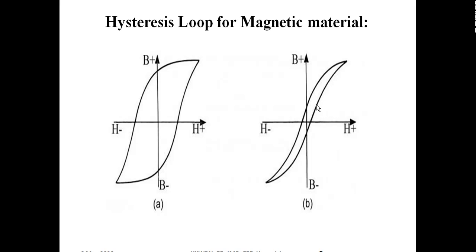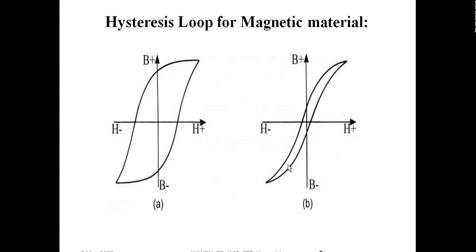But as the area of this loop is less, there will be less loss in this material, because when we forward and reverse the direction of current through magnetized and demagnetized material, we require a certain amount of energy, and that appears as heat in the magnetic material, which is known as hysteresis loss. So this soft magnetic material will have less hysteresis loss, so it will be suitable to make the magnetic core of various electrical machines.